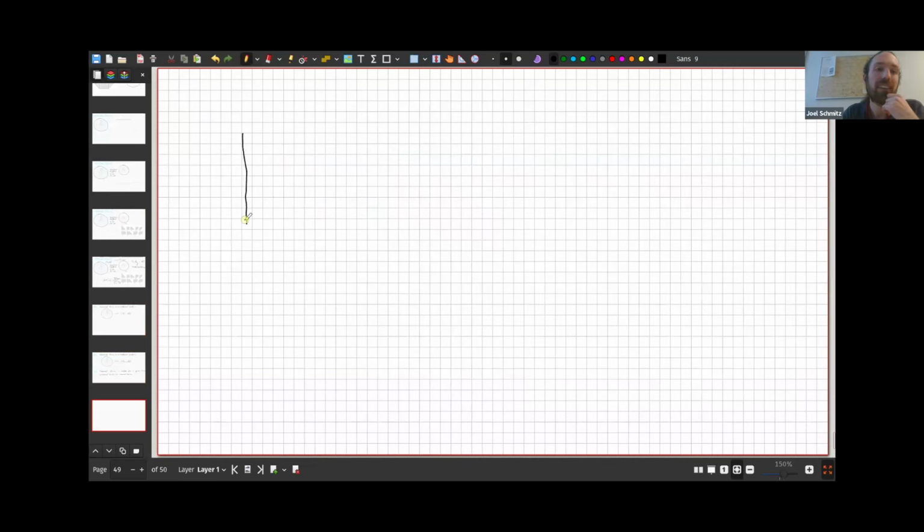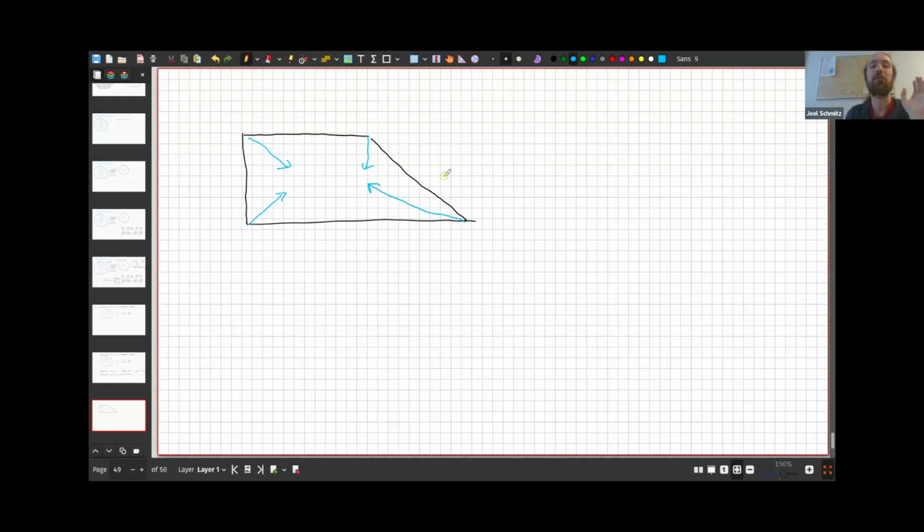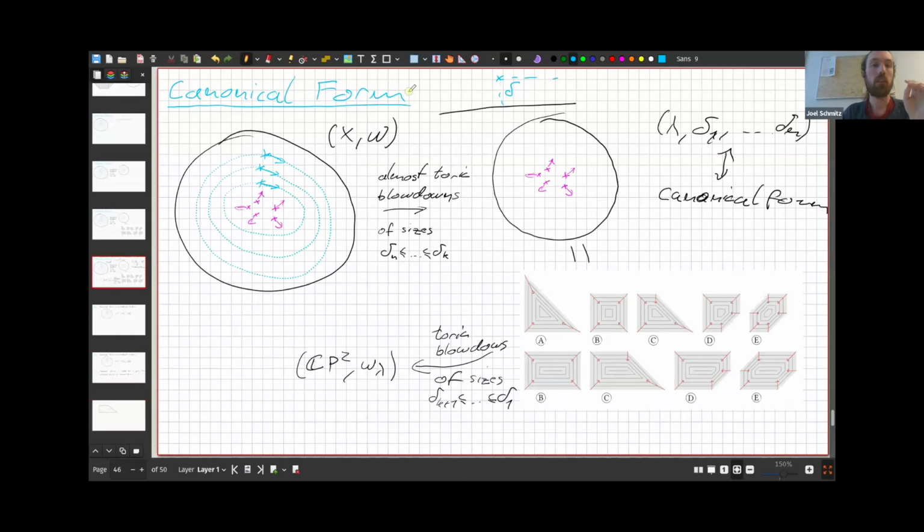In this case, the canonical form is really very simple. You put these nodes in the middle, and in this case you have no parked nodes. So in the first step here, you have nothing to do. You don't have to do any almost toric blowdowns. It's just working out these toric blowdowns that you need to do.